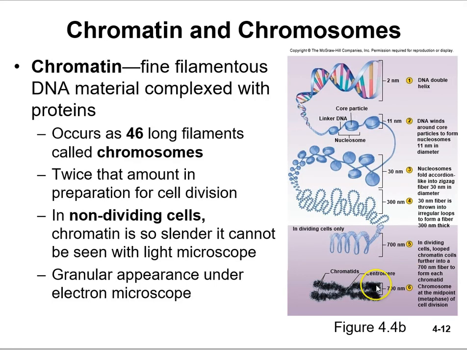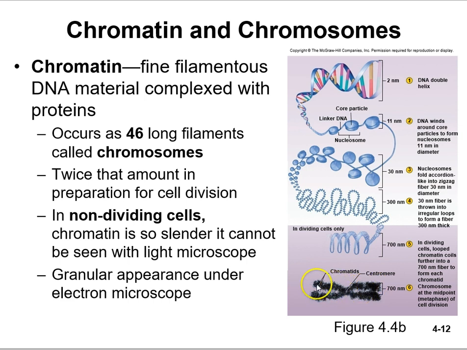Then we find that when a cell is ready to divide, that DNA actually doubles. So we go from a single chromosome to one that has kind of a doubled structure. We can see that in the picture below here on the bottom right, that this is a doubled chromosome we're looking at.